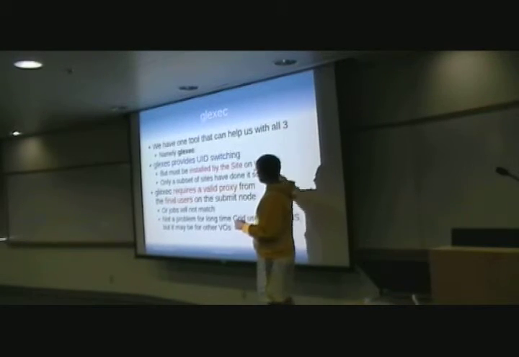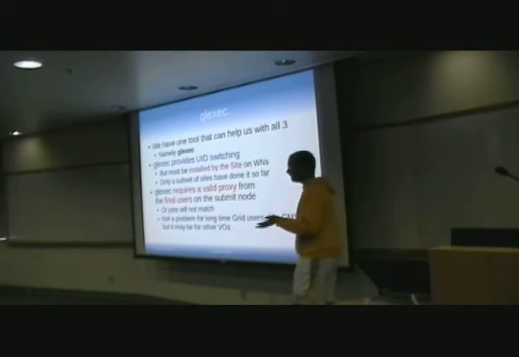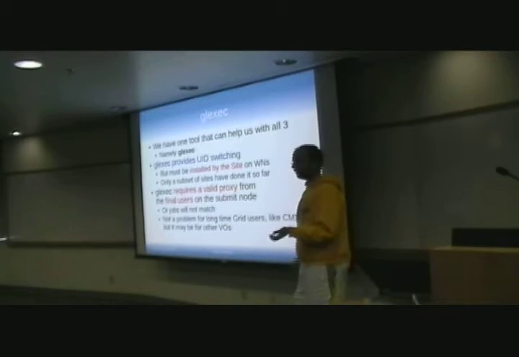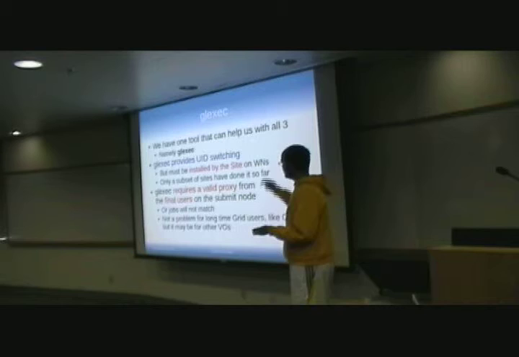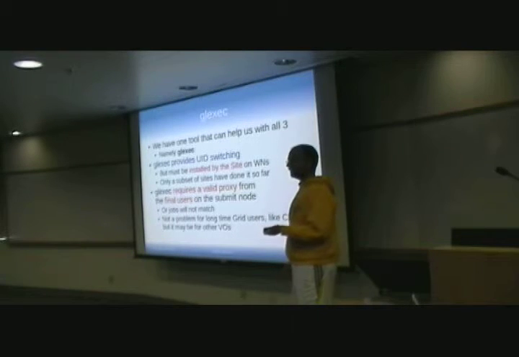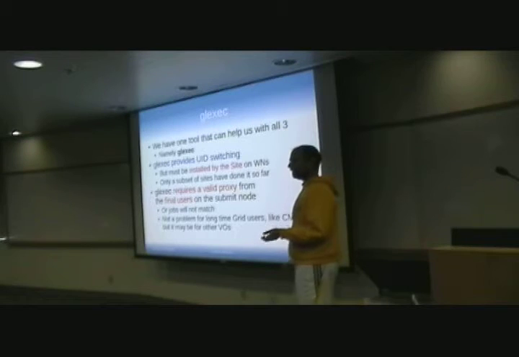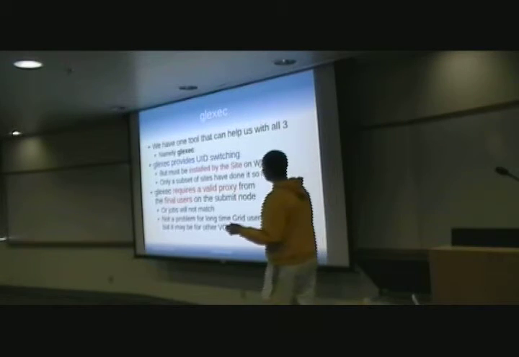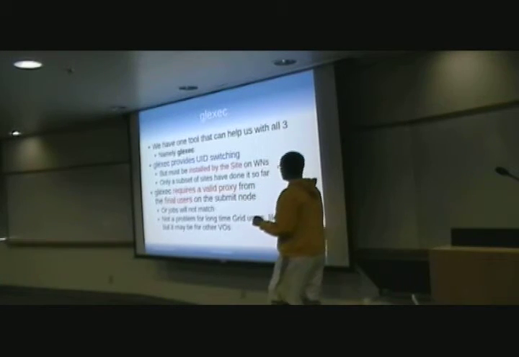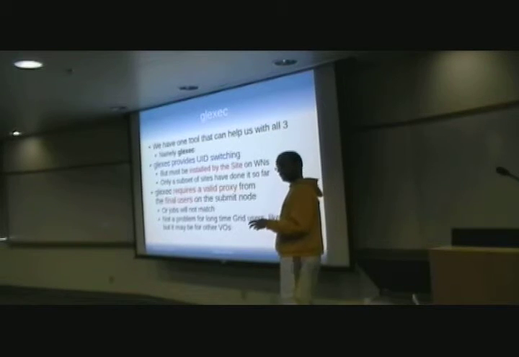As I said, it must be installed by the site. Unfortunately, we cannot do it in the glideins themselves, like we provide Condor, because this is a setuid executable, and changing UID is something that the site wants to control. This sucks. But once they install it, you should use it.